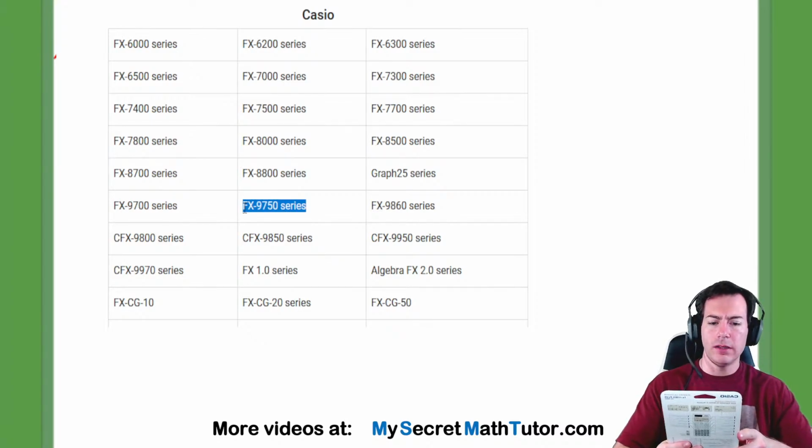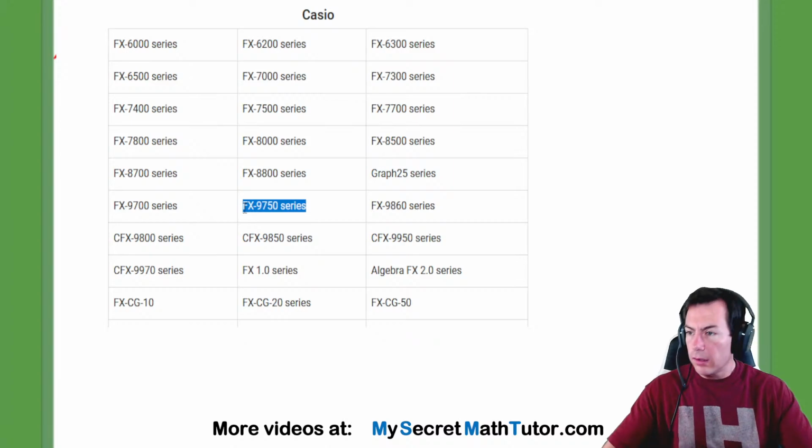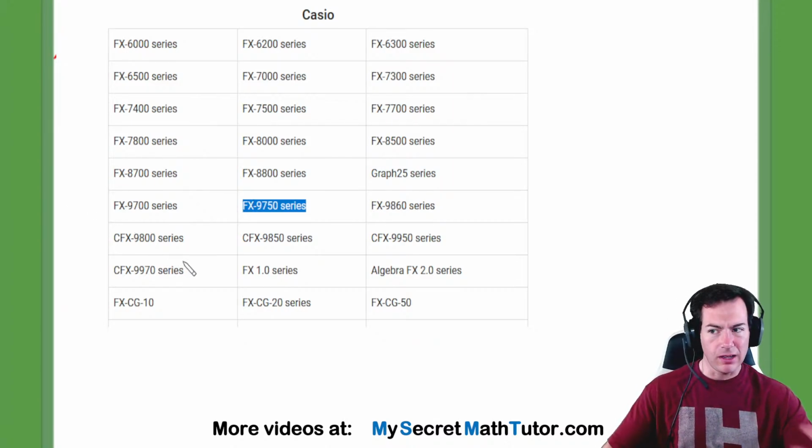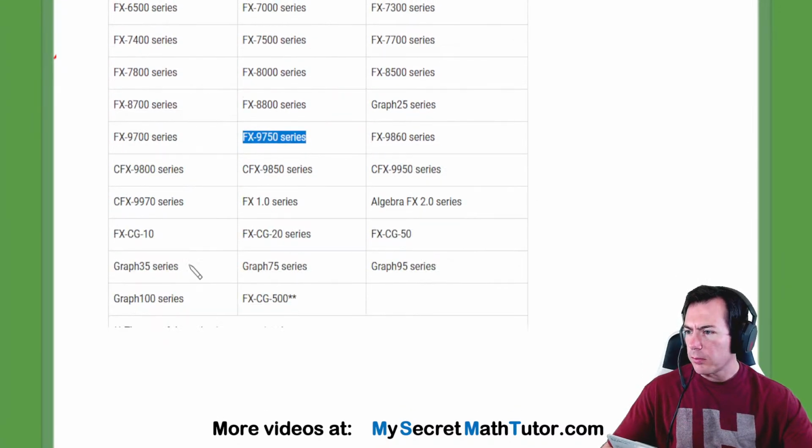This other one is a scientific calculator, and it has a multi-line display, so it's fairly nice if you're looking at a very big expression. This one is the 115ES series. So it probably falls under this one, the graph. No, not the graph. What is it? FX11?